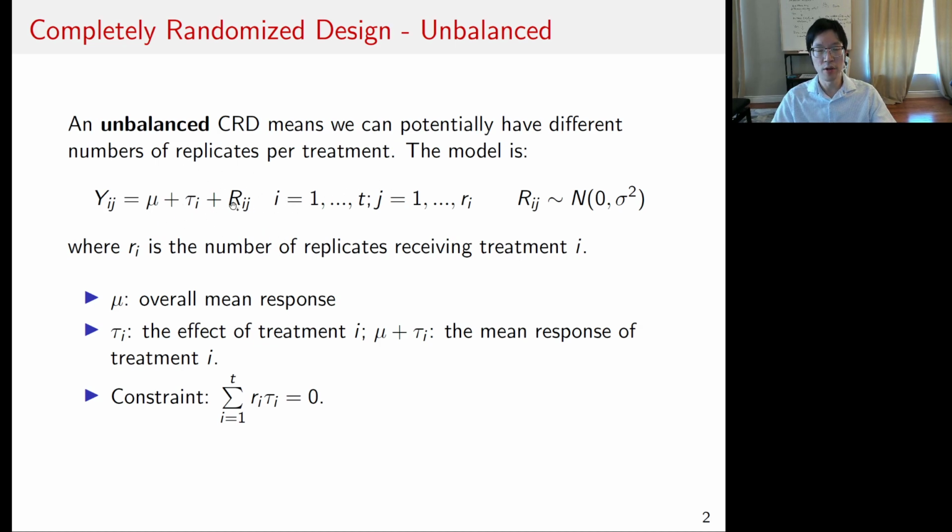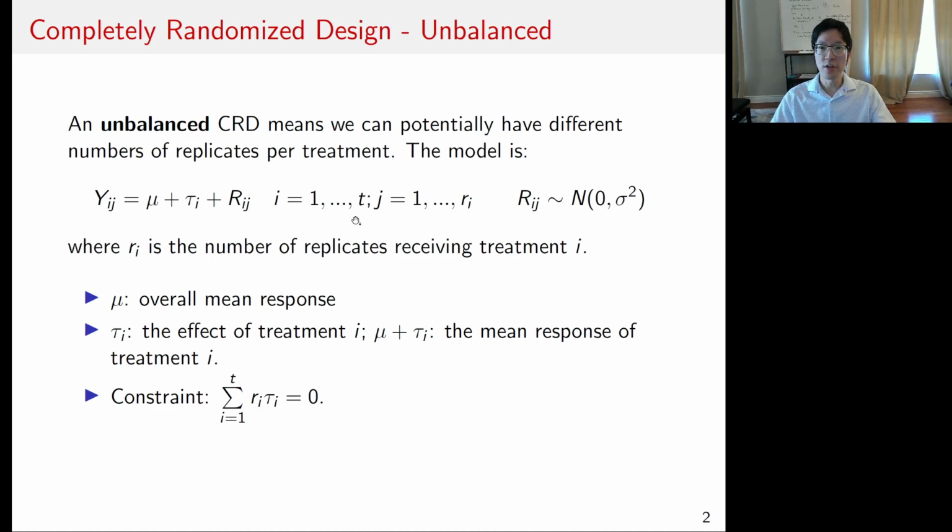The residual is always independent normal, mean 0, variance sigma squared. The difference with the balanced CRD is we're now allowed to have a different number of replicates, r sub i. This could be for any number of reasons. As in your homework, you might have lost some units, which may have dropped out or become unavailable, so even if you started with a balanced design, for whatever reason you may have lost some units.